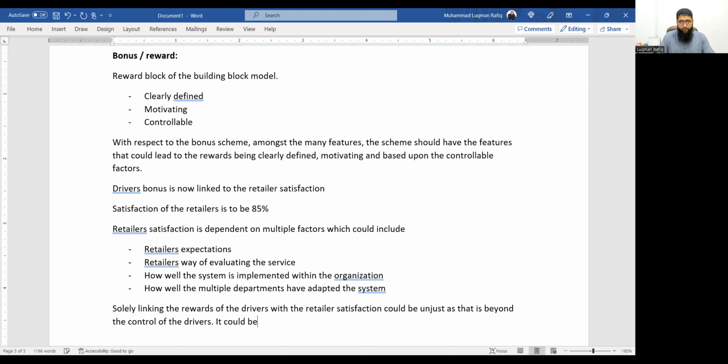It could be considered as an aspect, but should not be the only aspect of judging the performance. That is something you would have to keep in mind. So basically, this is how you're going to answer the question of the Patek company.